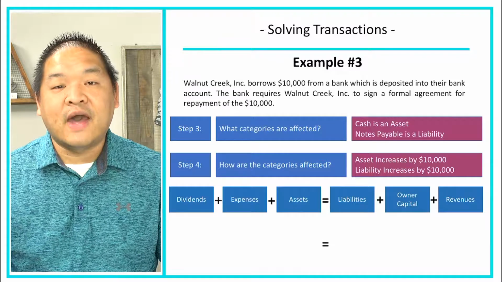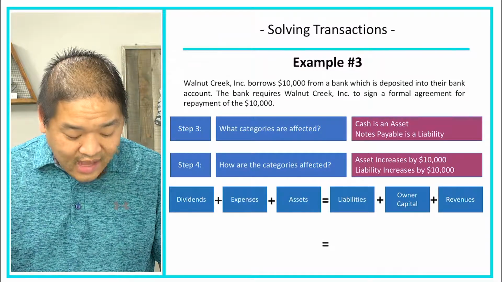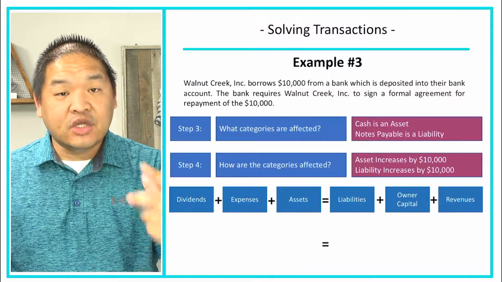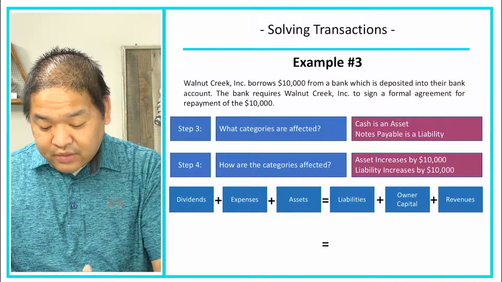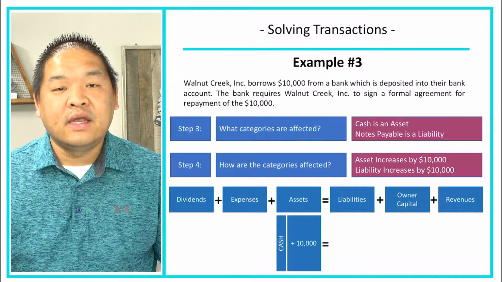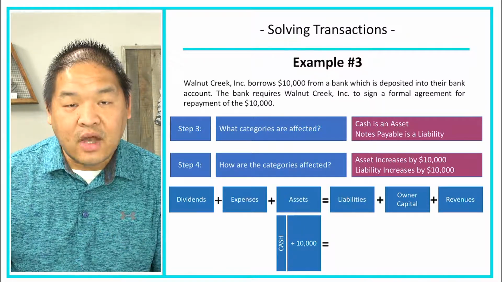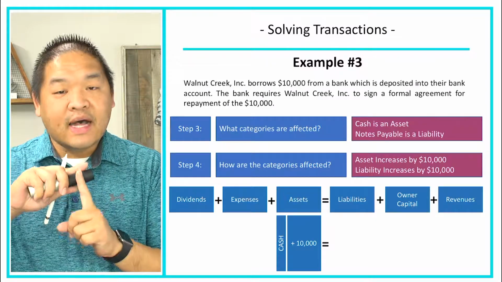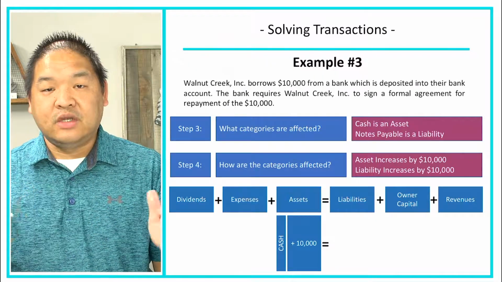Let's see how this affects our accounting equation. We know that the asset cash is going to increase by $10,000, so we're going to put $10,000 on the asset side, cash increasing $10,000. That also means on the other side of the house, we have to have a positive, because we have to equal out the same.